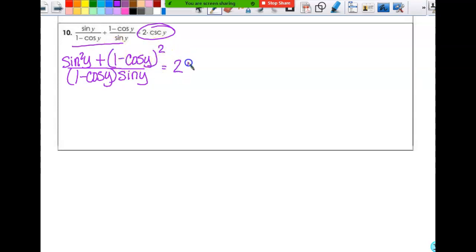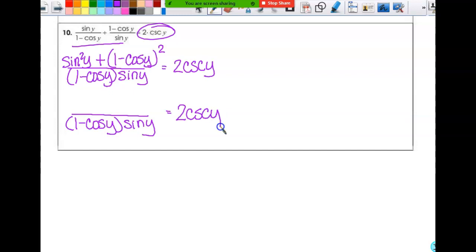That's equal to 2 cosecant y. My denominator is still 1 minus cosine y times sine y. And I'll go ahead and do the 2 cosecant y over here.